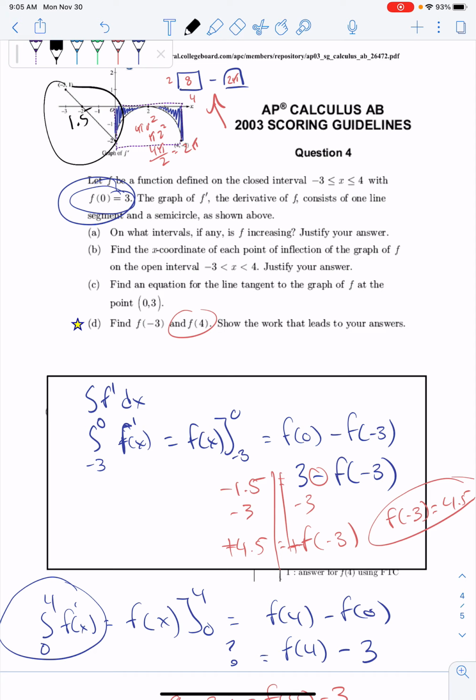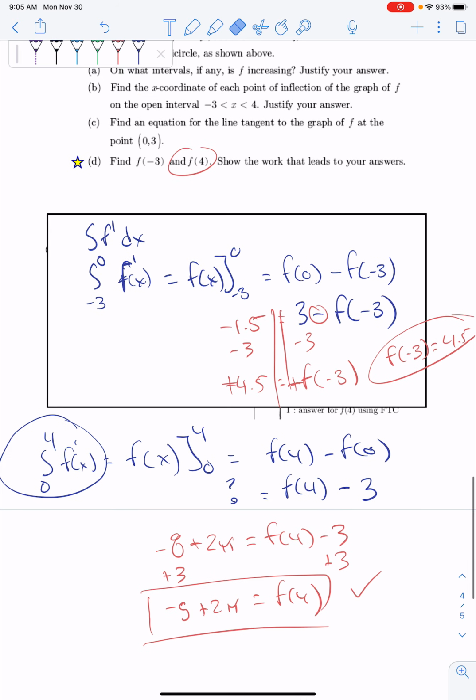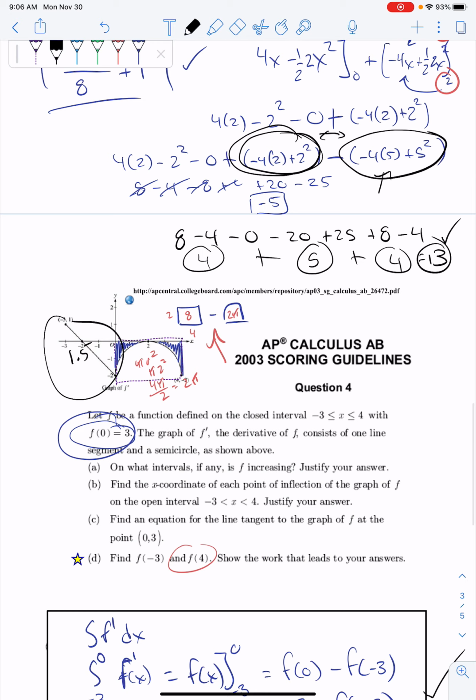You would have gotten 1 point for getting our f of 3 answer. Where did our f of 3 answer go? Right here. This would have gotten you a point, and you would have gotten 1 point for the f of 4 answer. Oh, and you would have gotten another point for, let's see, where'd it go? Where's our work? Right here. You would have gotten a point for doing the rectangle minus the semicircle.